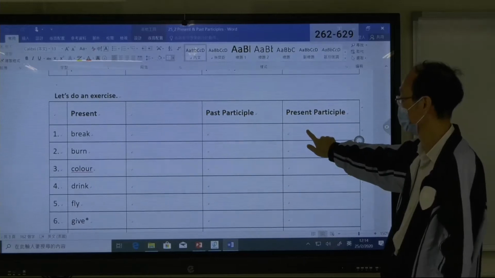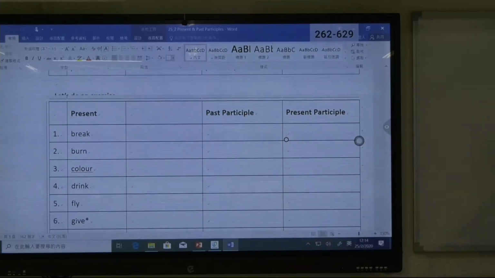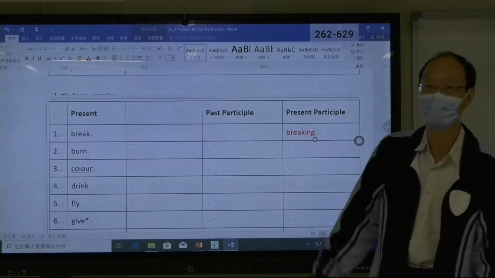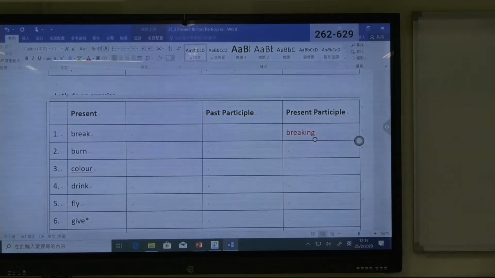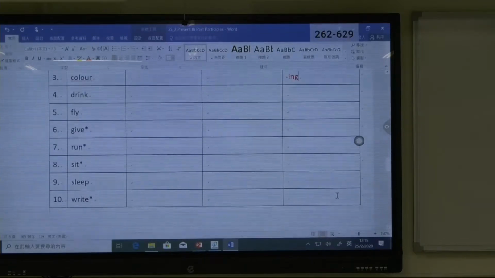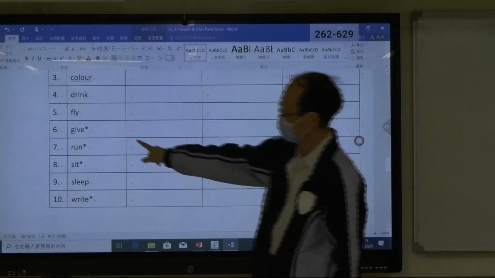In this column we just put down ing here, then we form a present participle. Here we all put down ing.